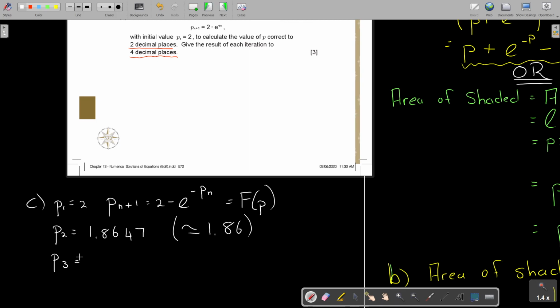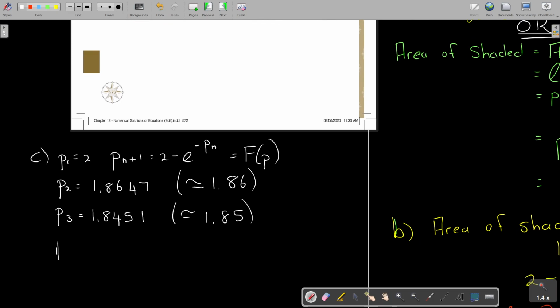P3, but press equal, and it's 1.8451, and if I approximate it, 1.85. And then I go for P4, so press the equal, so it's 1.84, and then it will be 20 because of that 898, to 0.